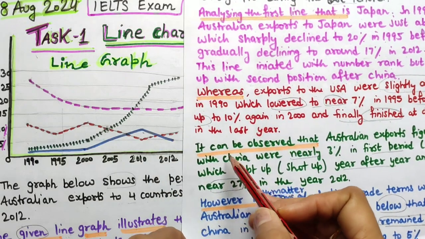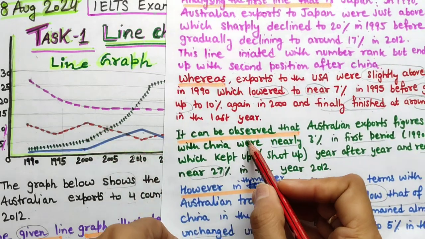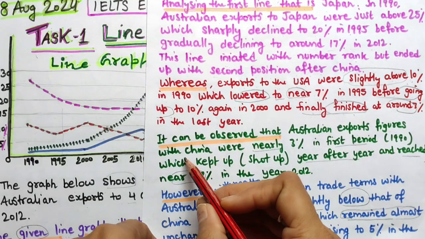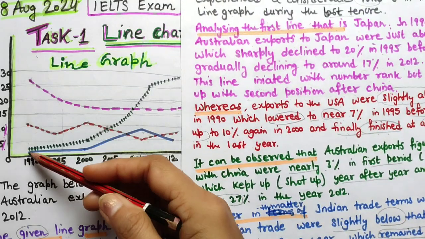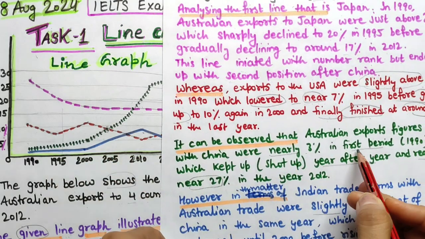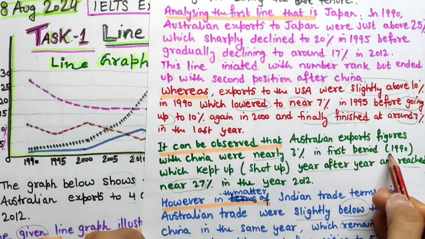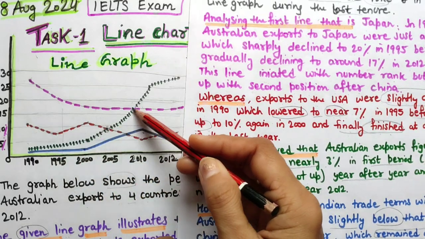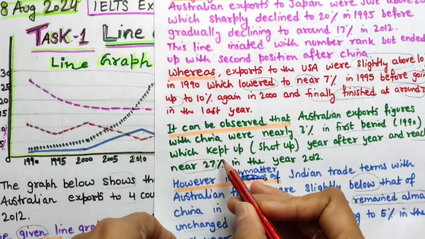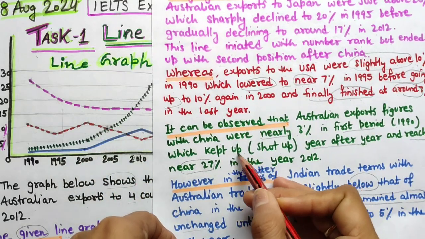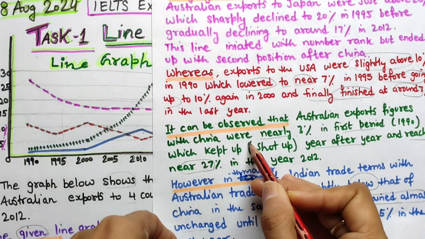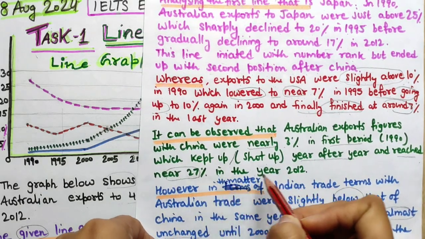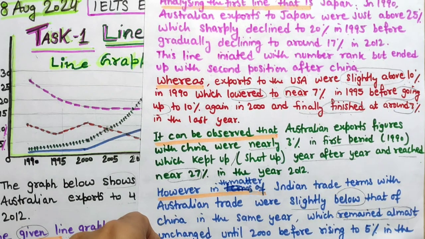Now the green one. It can be observed that Australian export figures with China were nearly 3% in the first period, 1990. In brackets I have written: which kept up, shoot up. See, it's shooting up. Which kept up, or anything you can write, year after year, and reached nearly 25% in 2012.